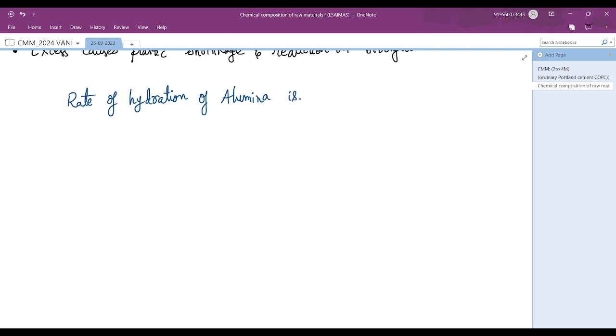Rate of hydration of alumina is very high.